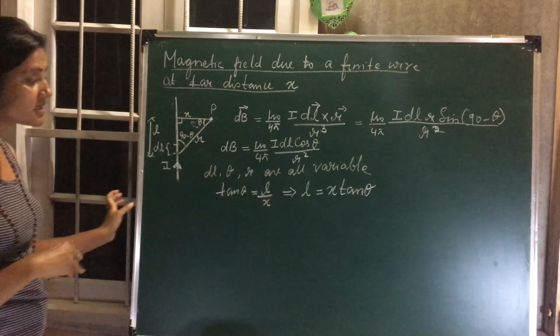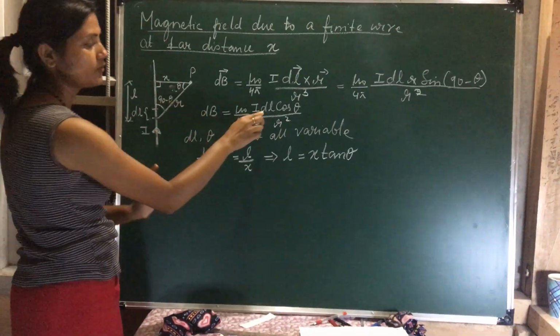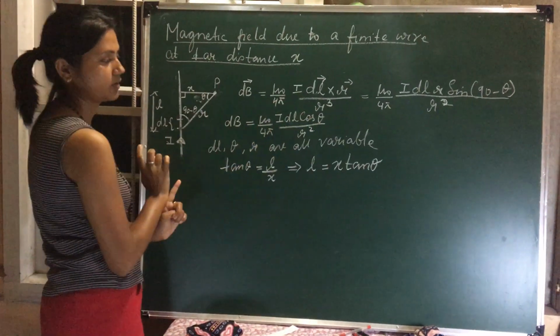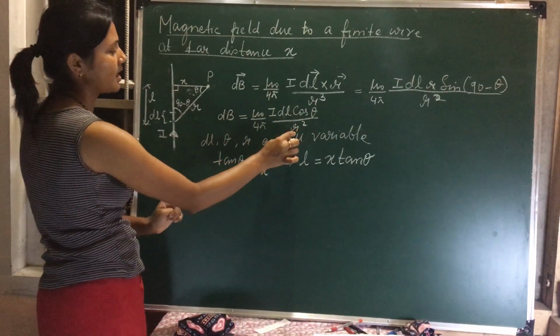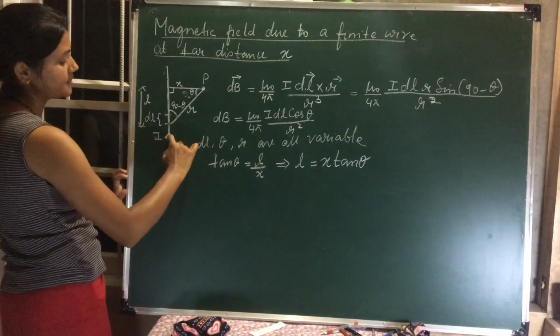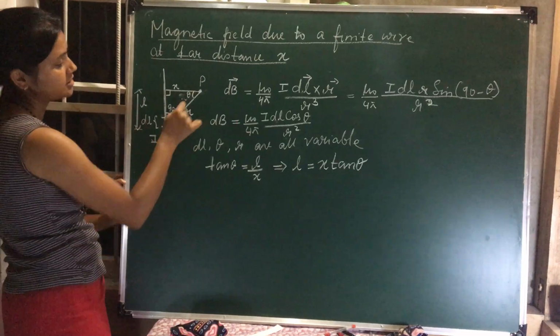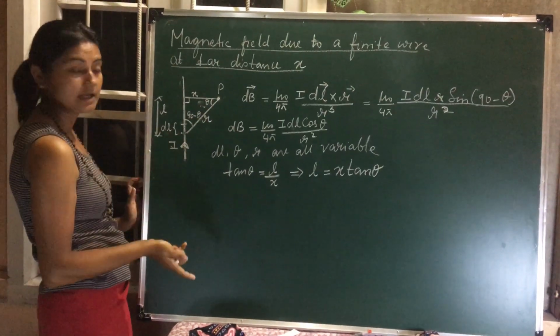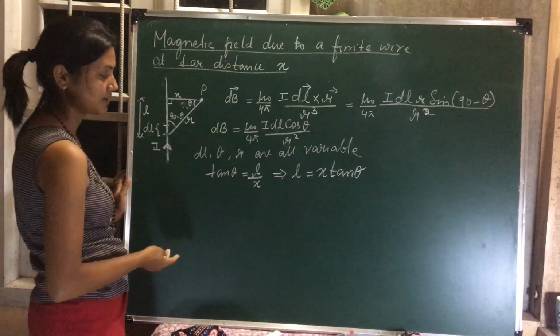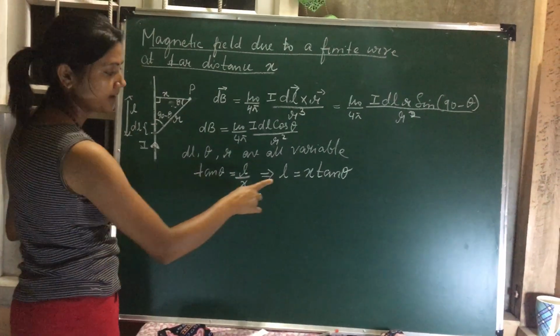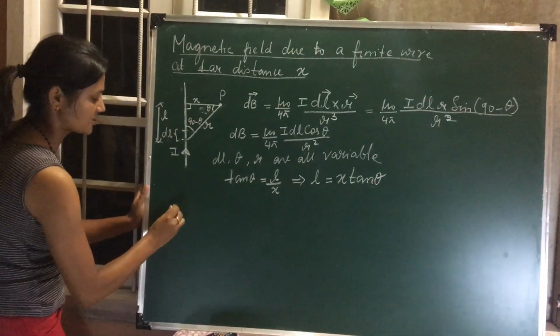Yes or no? Means what I am trying to do, I am only choosing one variable. dl is a variable, theta is a variable, r is a variable, because as the elemental section changes, r value will change, theta value will change, even dl will change. It's a difficulty in terms of mathematics. Now let us differentiate.